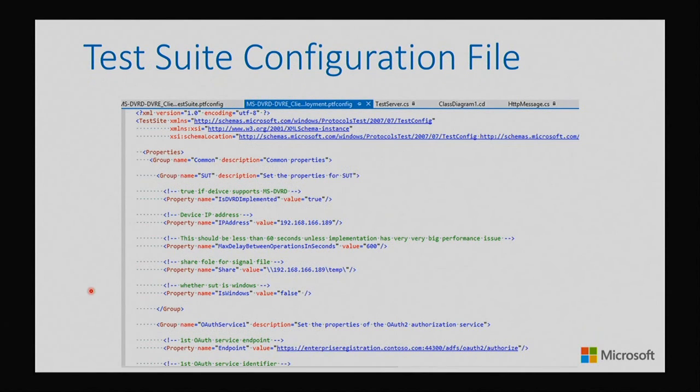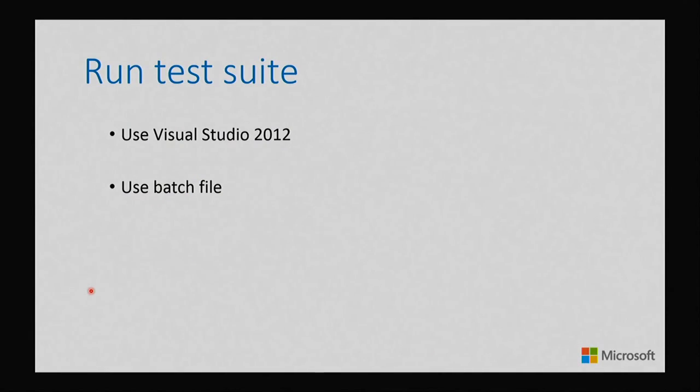Then you need to fill in the test suite configuration file based on the configuration comments or the user guide. Then you can run the test suite. You can use Visual Studio 2012 to run the test suite, or you can also use the batch file. But for the BYOD test suites, I recommend that you use Visual Studio to run, because you don't need to open File Explorer to find the test result and see why a test case failed. You can just directly click the link in Visual Studio to open it.